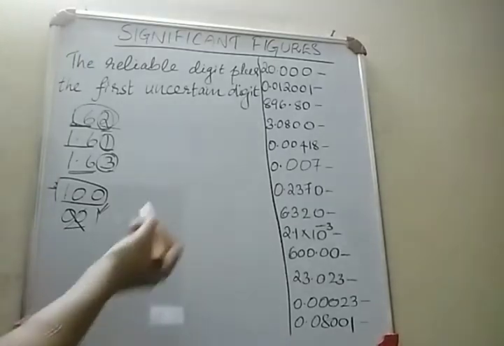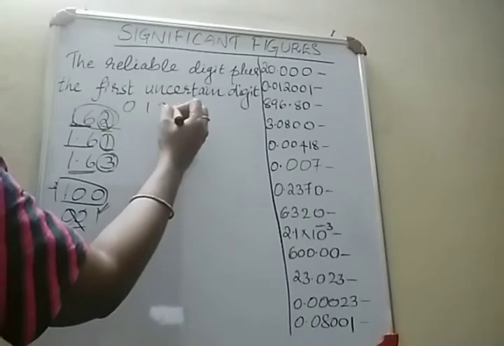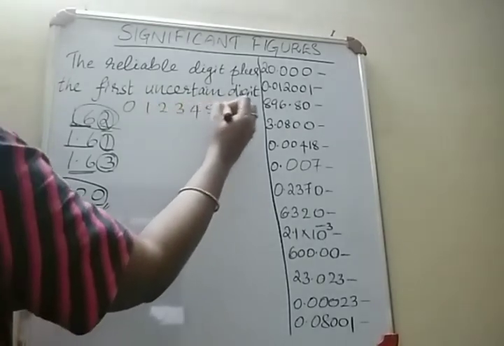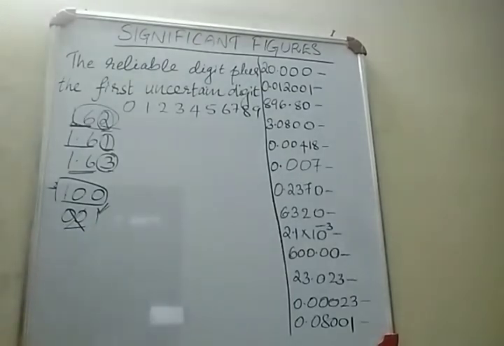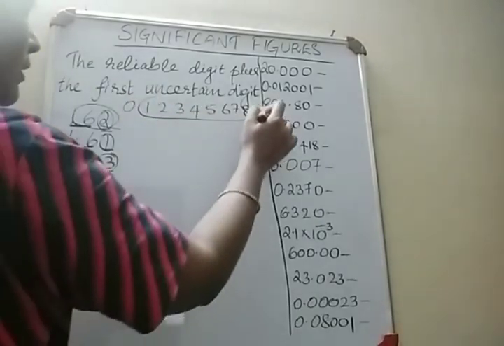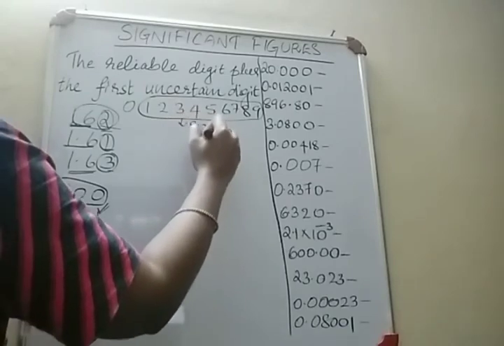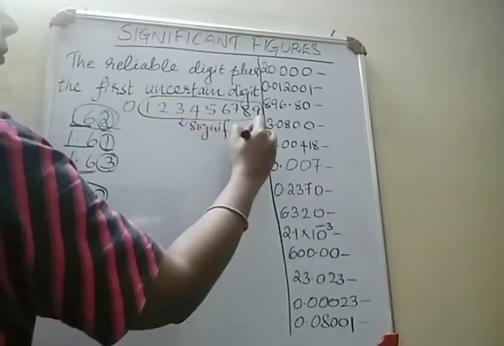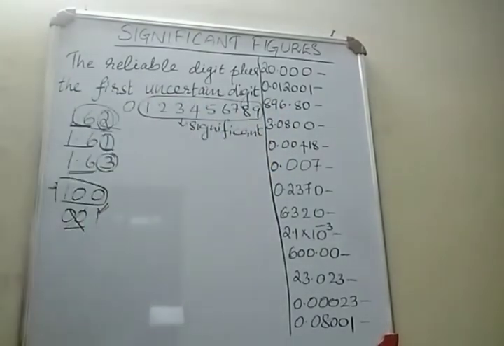Okay children, for the decimal system we have numbers from 0 to 9, right? Here all the non-zero numbers, from 1 to 9, are significant.